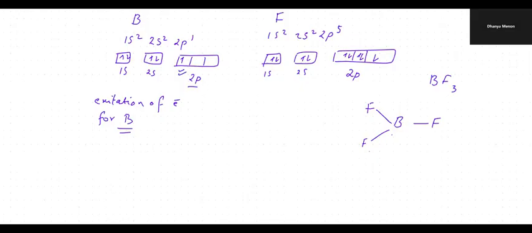We need two more bonds, so we need electrons in the 2py and 2pz orbitals also. Otherwise, bond formation will not take place.